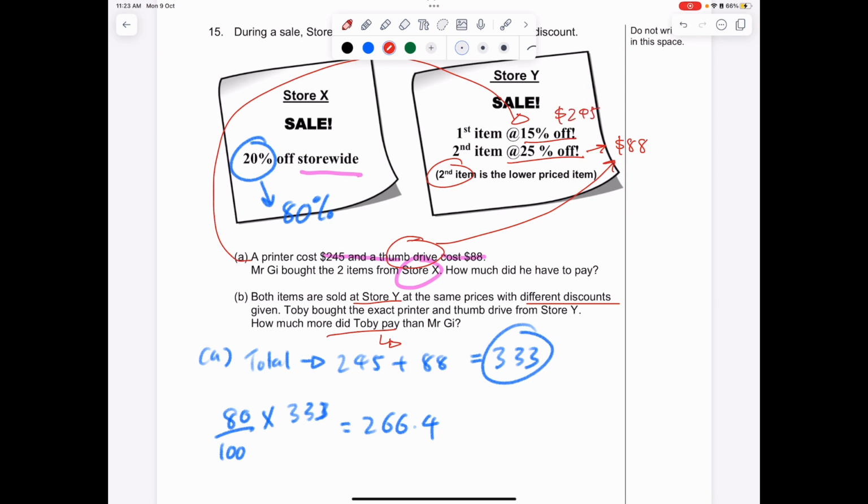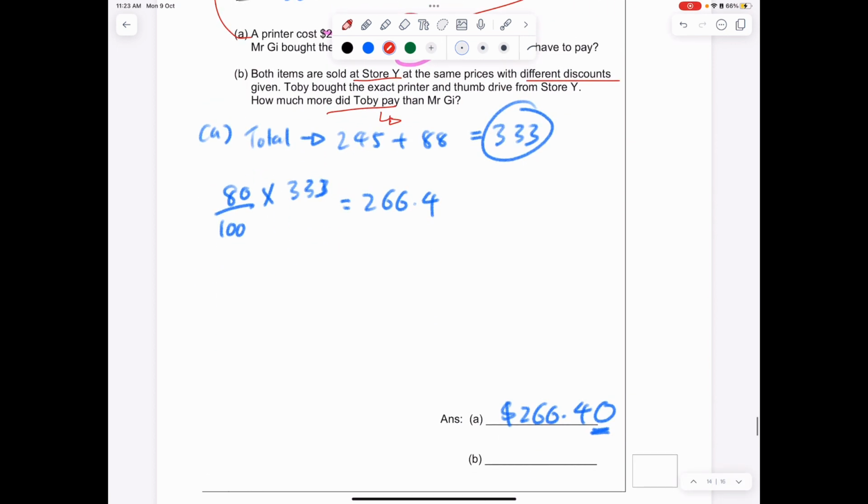So in this case, there is no way. You have to calculate individually. Okay, you cannot say, oh, add them together. Cannot. So for B, you first want to find out what is 85% of 245. Why?